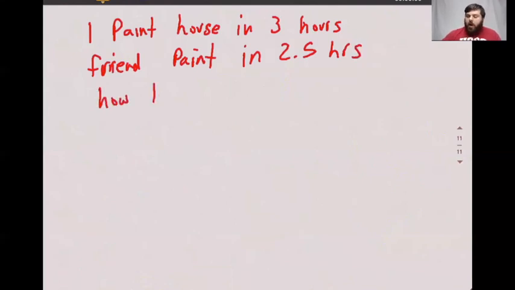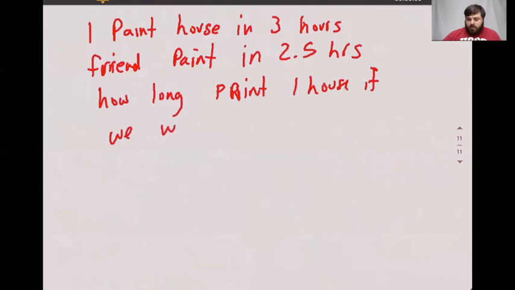Question is, how long does it take to paint one house if we work together? Okay, very possible type of question. I paint a house in 3 hours. My friend paints it in 2.5 hours. How long will it take to paint one house if we work together?